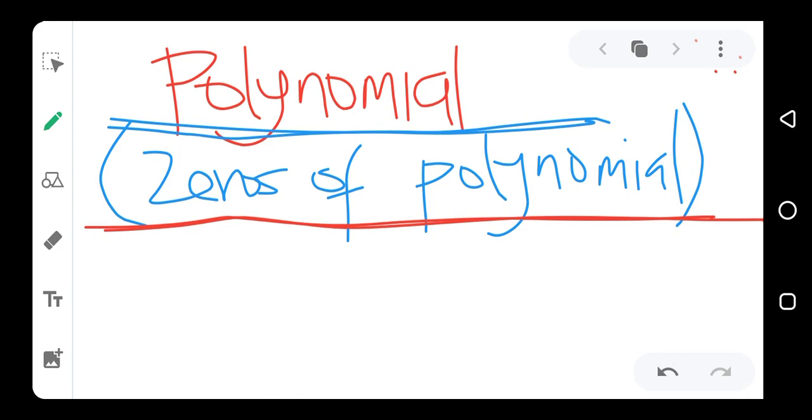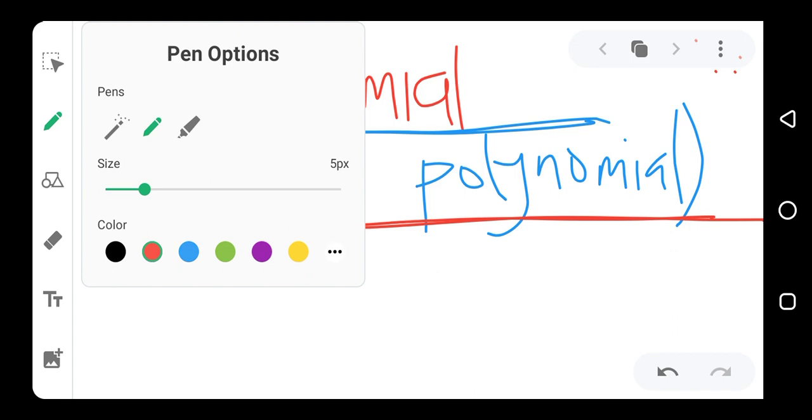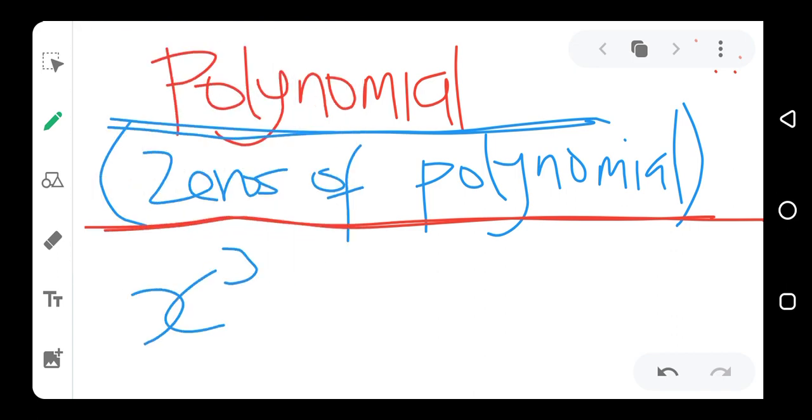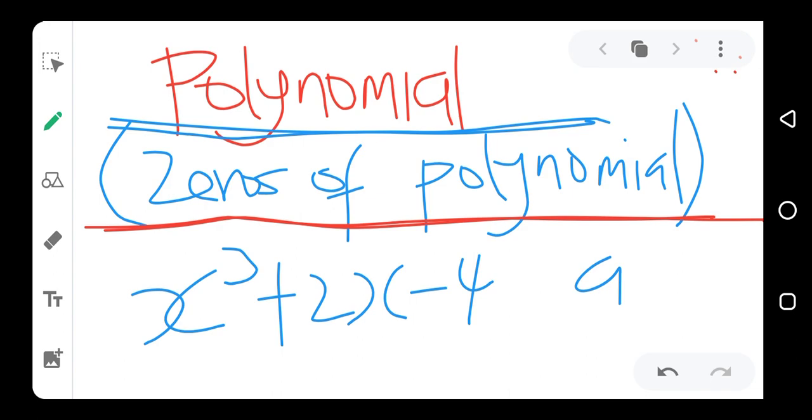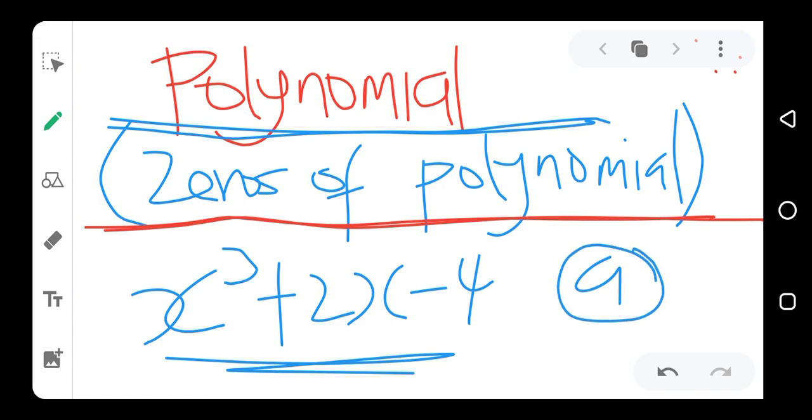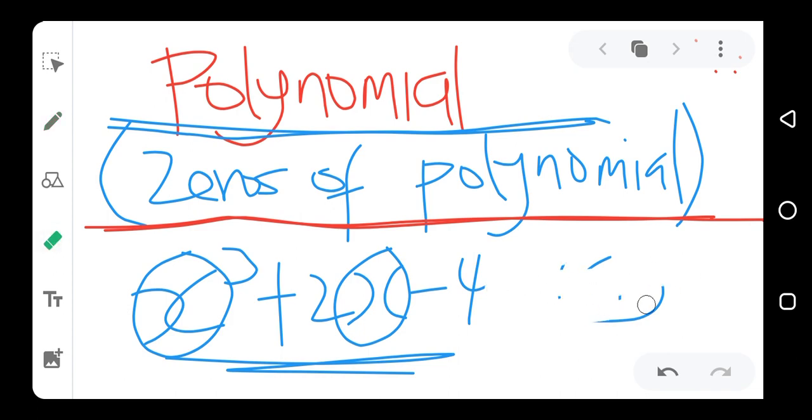For instance, if you have a function like x raised to power 3 plus 2x minus 4, and we are told that a is a zero of this expression, what it simply means is that if we replace x with a in this expression, we are going to get 0 at the end, when we add everything.